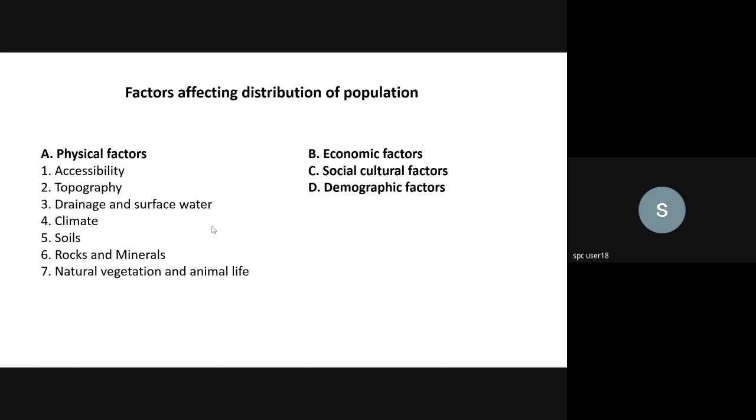Then you go to polar areas, and the bears there have this habit of winter sleep called hibernation. And then you have animals in hot areas which go through a summer sleep, called aestivation.